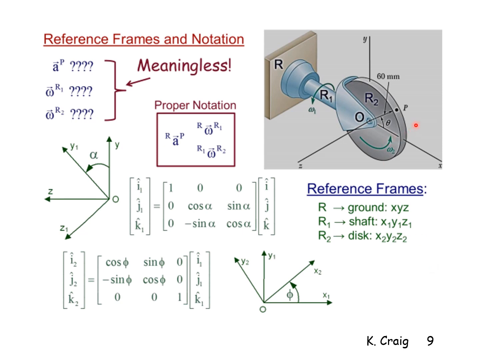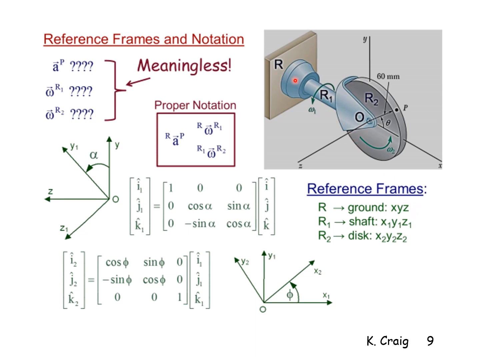Here we see a simple dynamic system. It consists of a rigid support, which we will call ground. It's attached to some object that's attached to the floor in some laboratory. So it's our grounded reference frame, which I call R. The R reference frame is a ground reference frame that has an XYZ axis attached to it in any orientation I want, to whatever point I want, but it's fixed to ground.